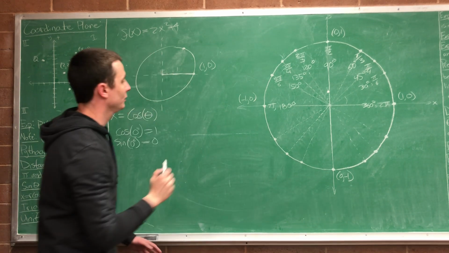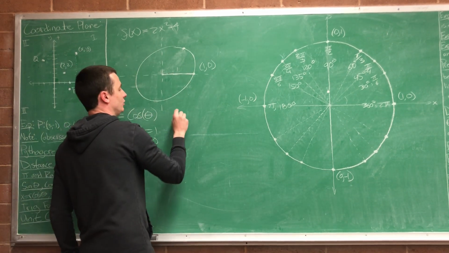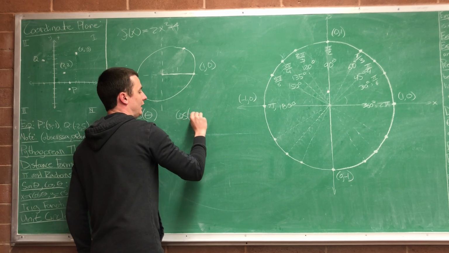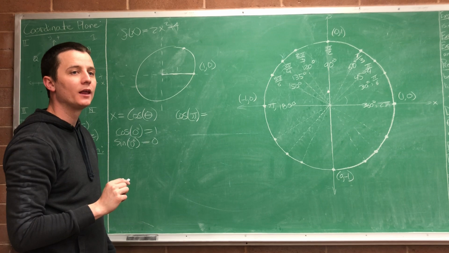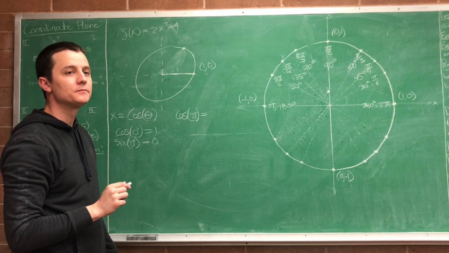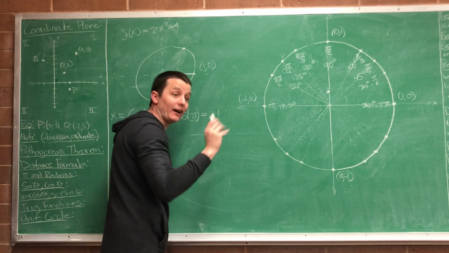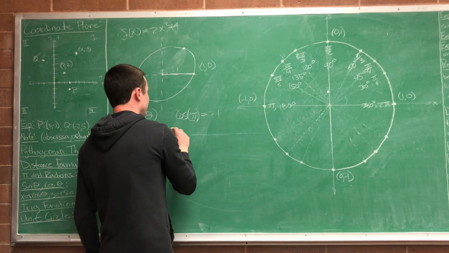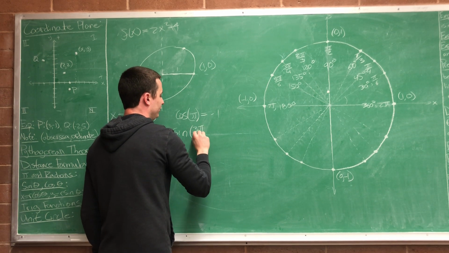All right. So now with those 4 points, notice that I can start asking you some questions. I could ask you something like, what is the cosine of pi? Negative 1. It's the x coordinate. Or I could ask you something like, what is the sine of 3 pi halves?